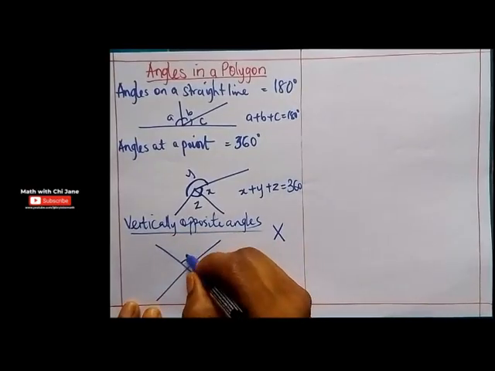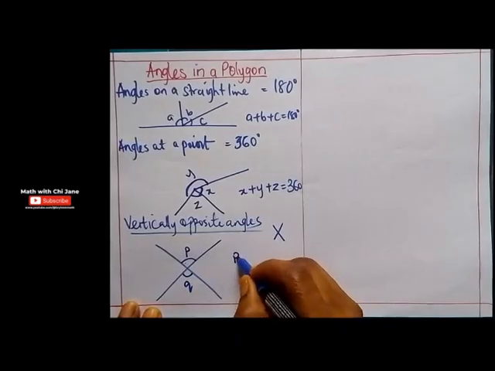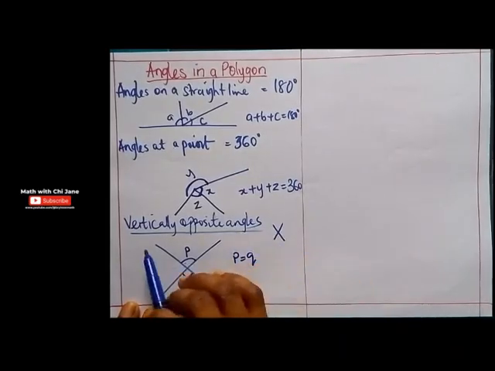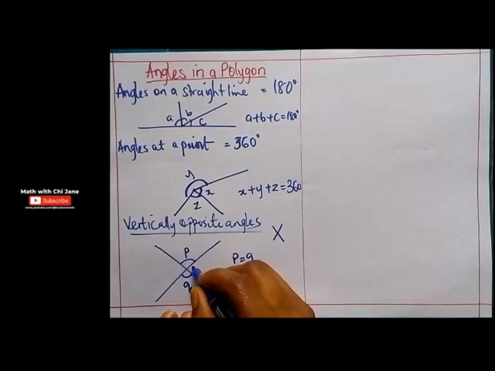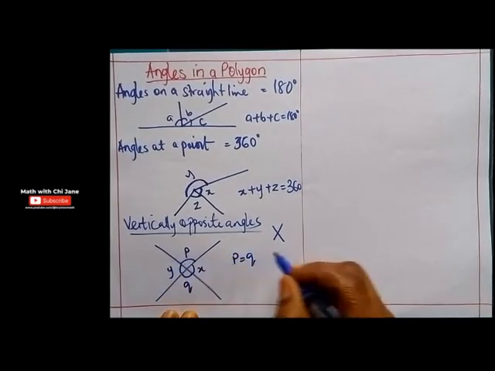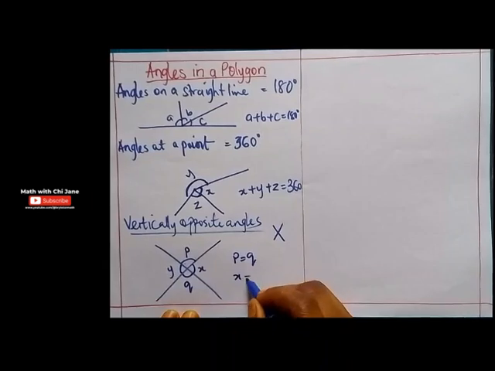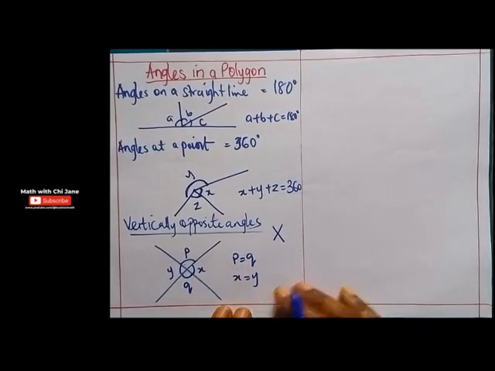So if this is P and here is Q, that means P is equal to Q. Your reason is vertically opposite angle facing each other. Once you see that the angle is formed and it forms letter X, the angle facing it is called vertically opposite angle. Also, if we have here X, and here Y, we say X is equal to Y. We're still saying the same thing. Vertically opposite angles are equal.